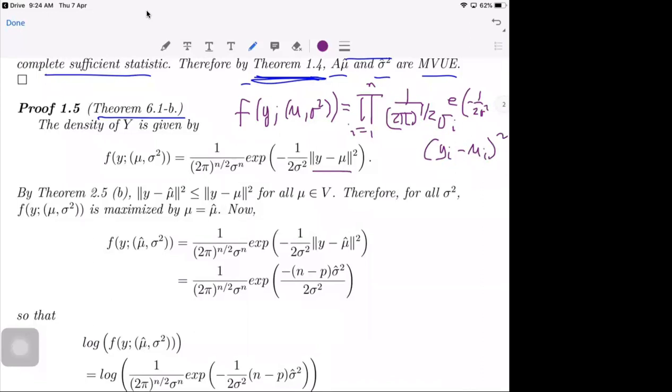So if you get the product of that, that will just be equal to the square norm for this part here, and this part here will be raised to the n.